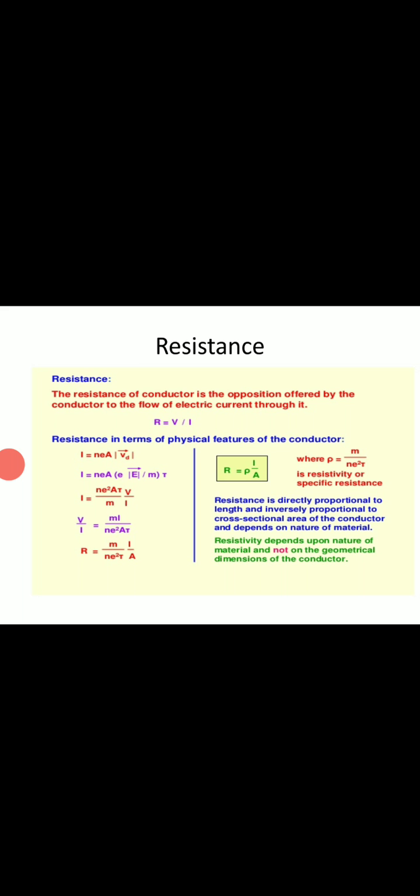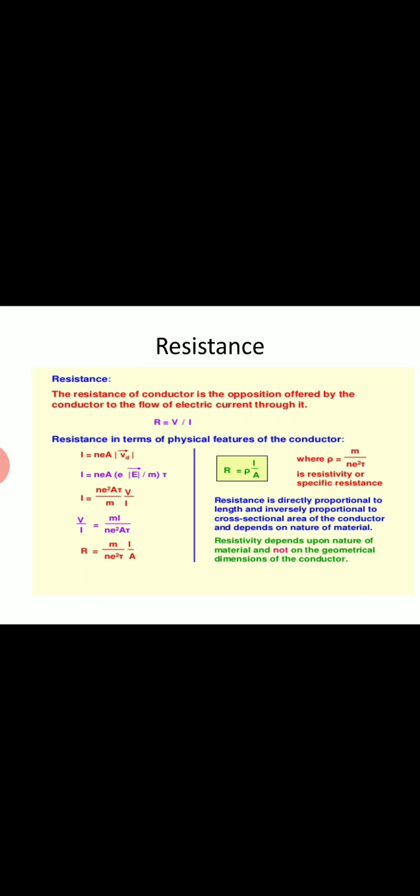Resistivity depends upon the nature of the material. From it we can differentiate how much resistance is offered by a given conductor or wire. It is denoted by rho. Resistivity depends upon the nature of the material and not on the geometrical dimensions of the conductor.